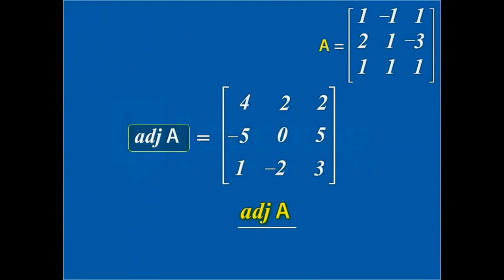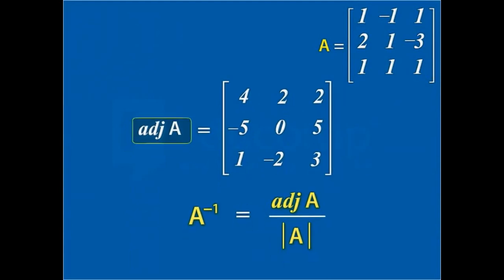When adjoint A is divided by determinant A, we get A inverse.